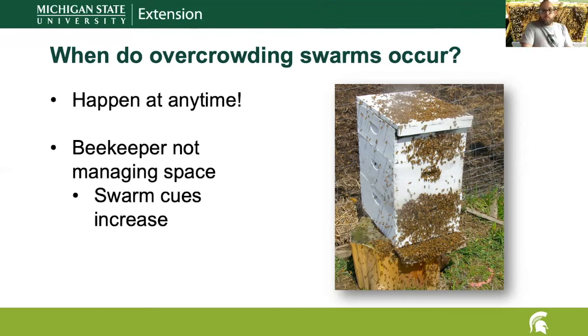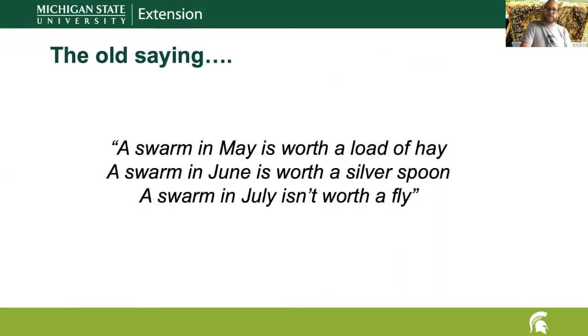Now, really, when we don't add space, the beekeeper is really limiting the potential of the colony to grow and is exacerbating all these cues that bees are using to determine when they need to swarm.